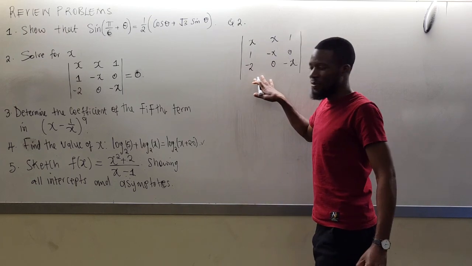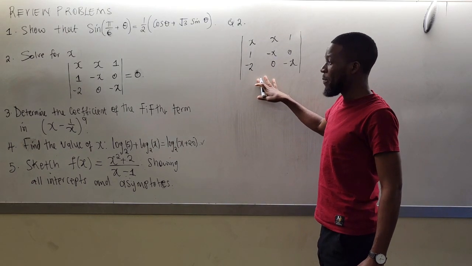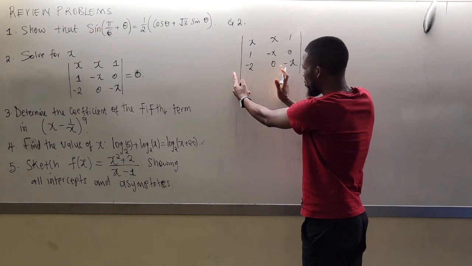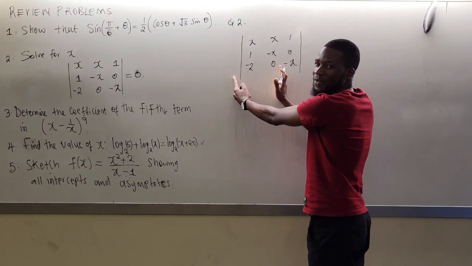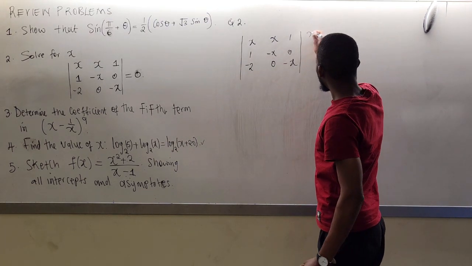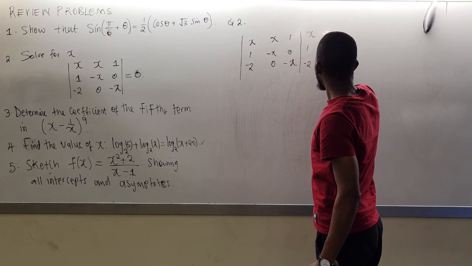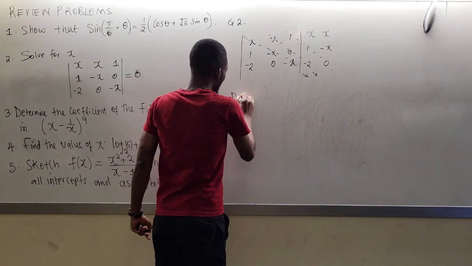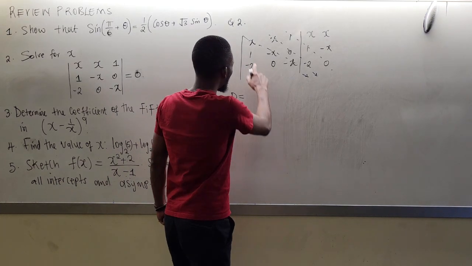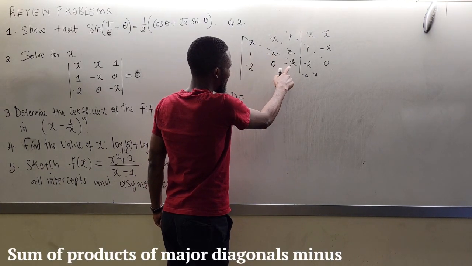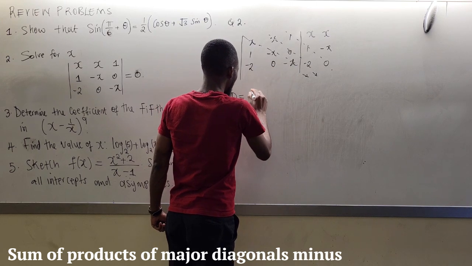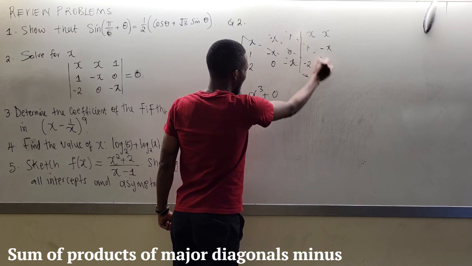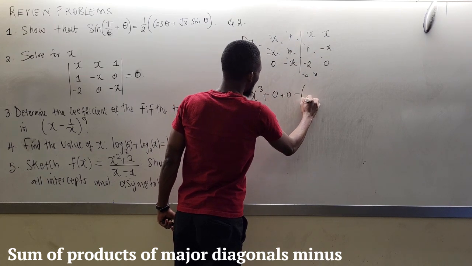Okay. So the parallel bars mean the determinant. So first of all, I take the first two columns like this. This is x, 1, negative 2, x, negative x, 0. So the determinant of this matrix is equal to, I take x multiplied by negative x multiplied by negative x, which is x to the power 3, then plus 0 plus 0 minus.